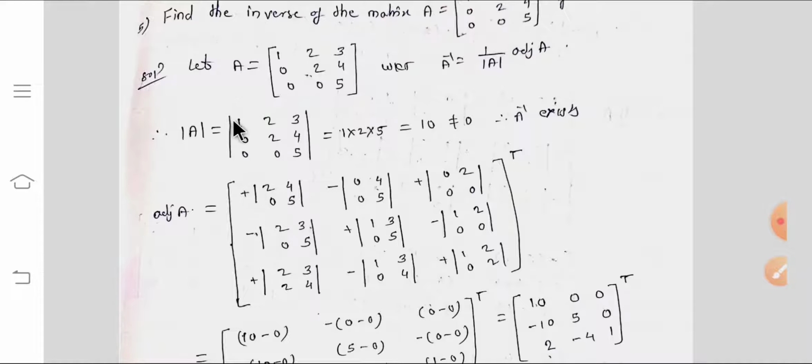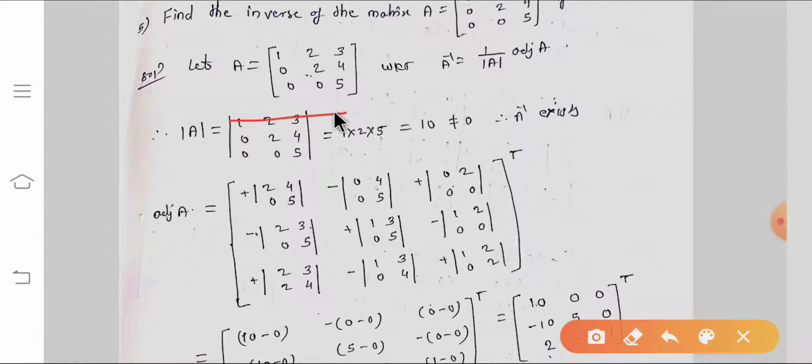So this is plus, and neglecting this row and this column, we get the determinant of [2 4; 0 5]. Second, the cofactor of this 2: the sign is negative because it is the first row, second column, so minus determinant of [0 4; 0 5]. Plus the next term, the cofactor of this 3: neglecting that row and column, the remaining elements give the determinant of [0 2; 0 0].